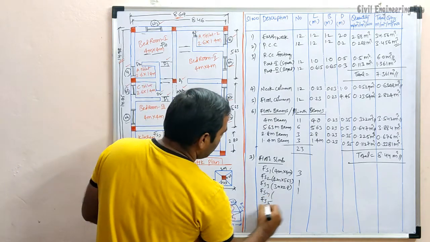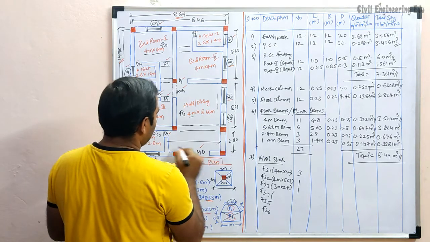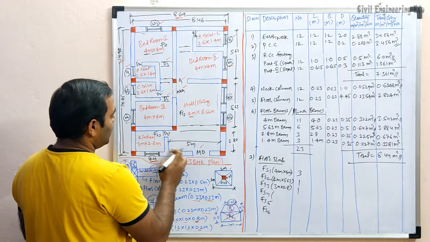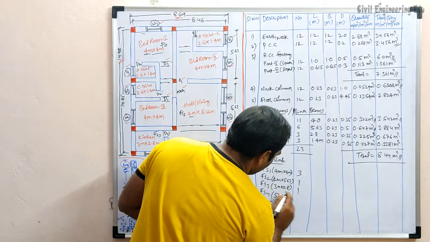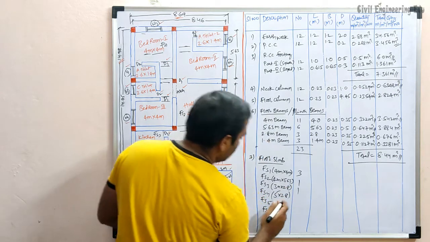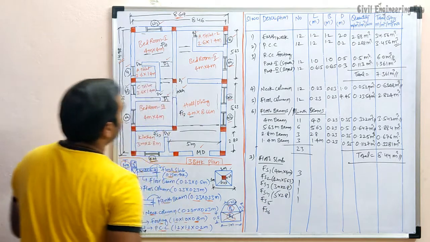That is nothing but the kitchen slab. Now coming to floor slab 4. From here to here the total length is 5 meter and vertical is 2.8, so 5 by 2.8. This is also one slab. Now coming to floor slab 5.